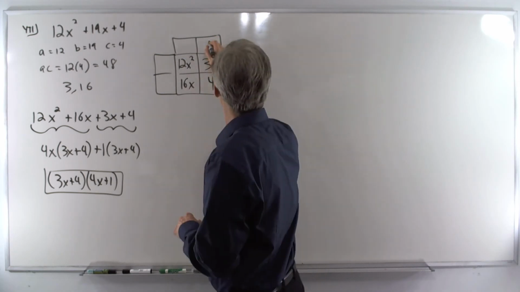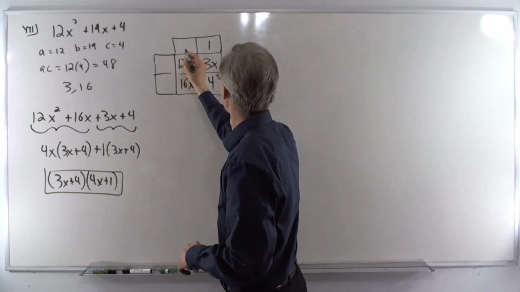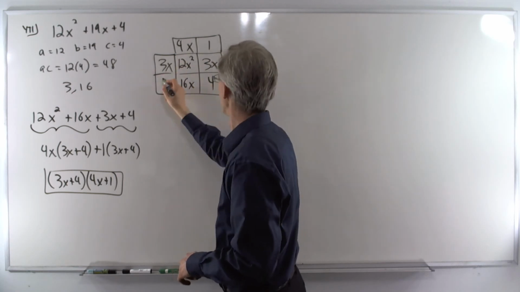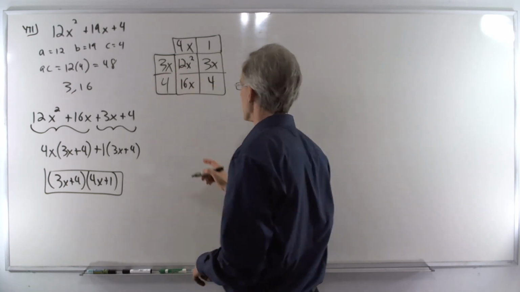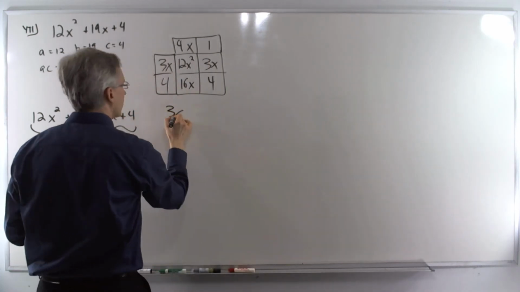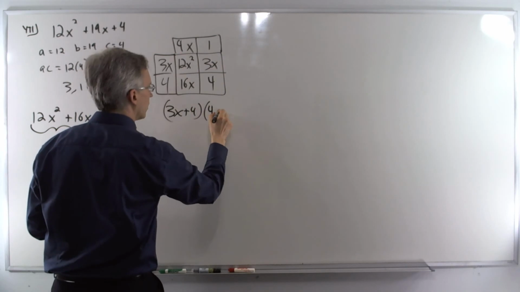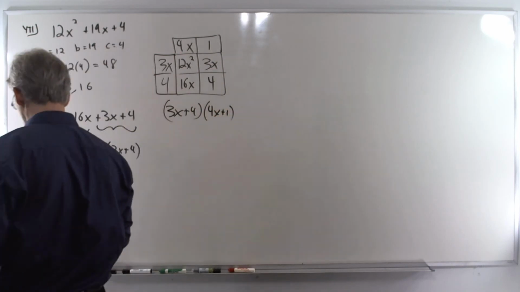Up, there's a 1. Up here, we got 4x. This way, 3x. And this way, 4. All right, so there's our answers. 3x plus 4 and 4x plus 1. So same answer either way.